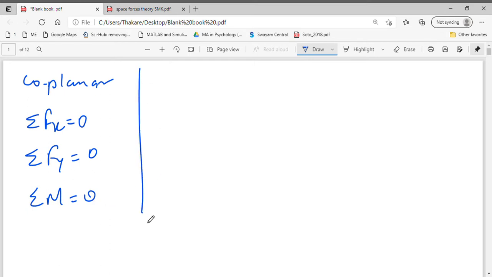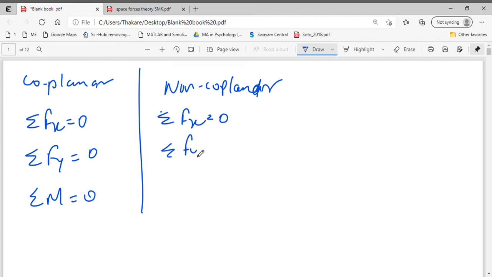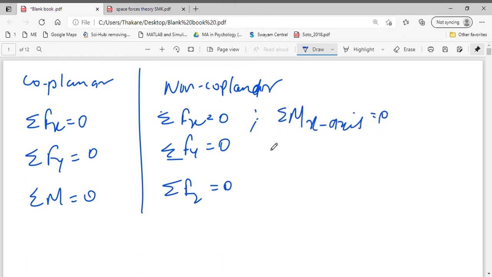and summation of moments will be 0. For a non-coplanar force system or a space force system, you will have summation of forces along x-axis to be 0, summation of forces along y direction to be 0, summation of forces along z direction to be 0, and summation of moment about x-axis should be 0, summation of moment about y-axis to be 0, and summation of moments about z-axis to be 0.